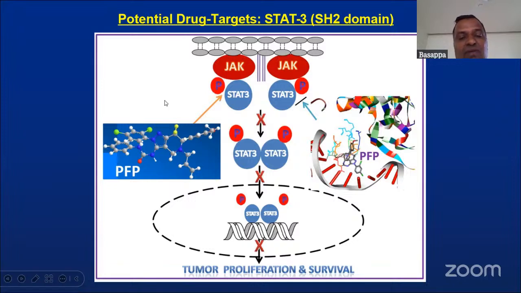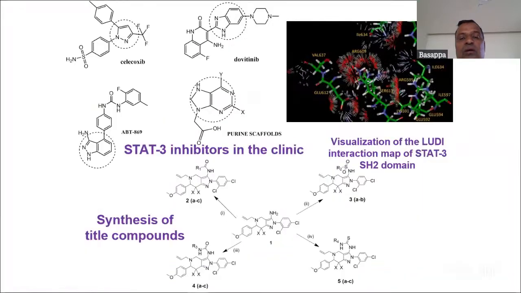So this is the graphical abstract I am showing here, where we identified this type of newer structure that targets phospho-STAT3, especially in hepatocellular carcinoma cells.